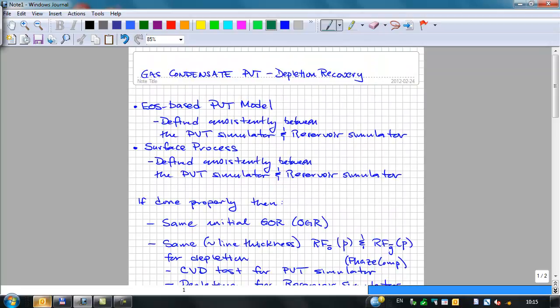We have to put in the equation of state numbers right, we have to put in the compositions right, and we have to put in the viscosities, maybe not so important. The viscosity model should be the same, though that doesn't really matter too much. But the surface process is really often the problem in getting it right, wrong or right.